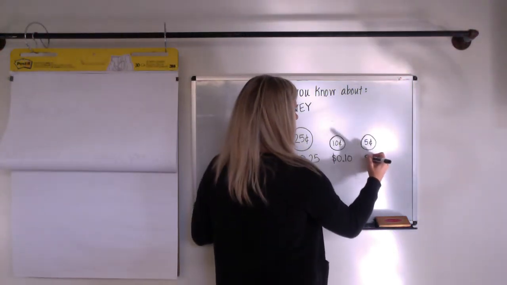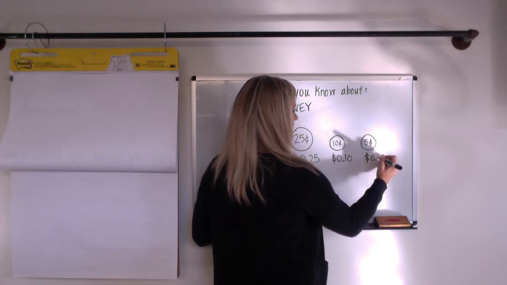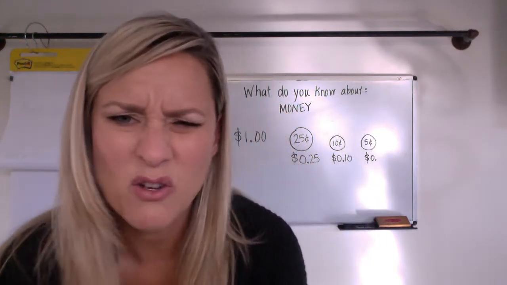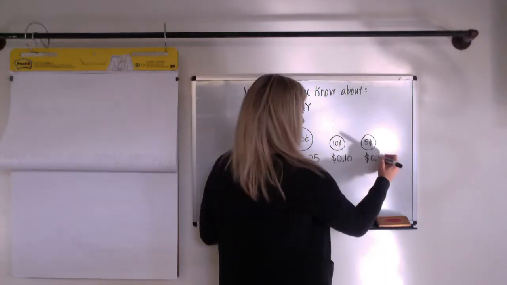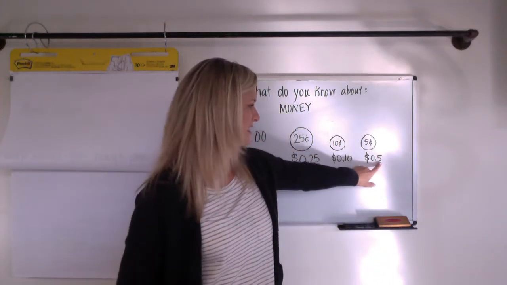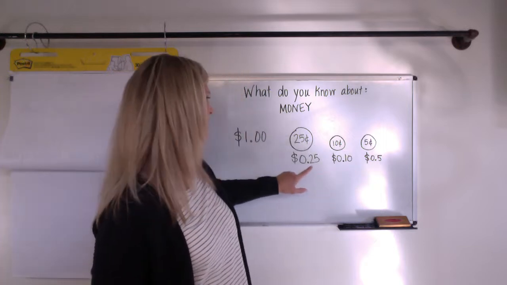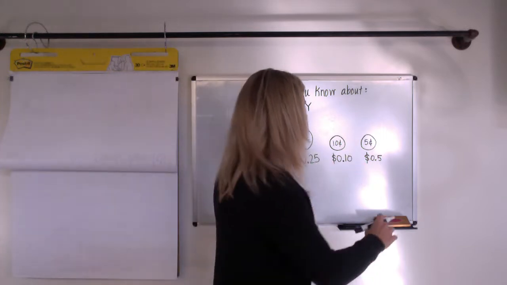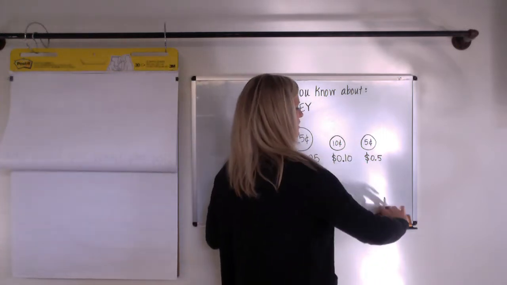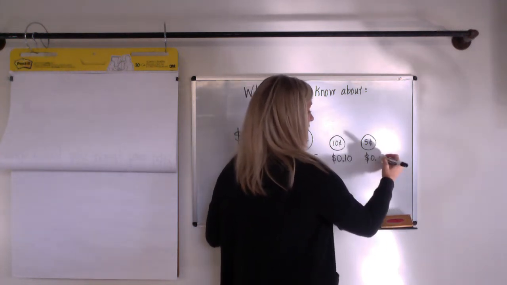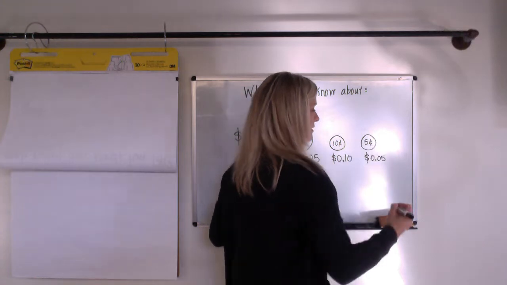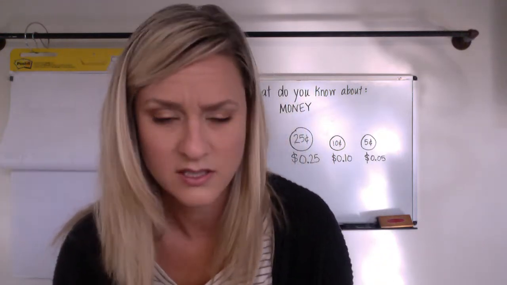So it's worth no dollars, but it's only worth 5 cents. So we can't do this because this is actually where the dime column is. See, we have 5 cents. We have to make sure we have 2 digits behind the decimal. So I have to write it like that. It's worth just 5 of these guys.